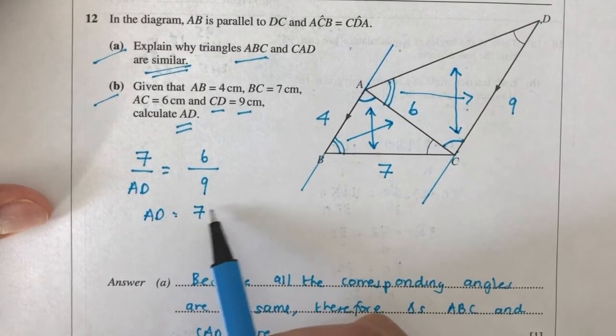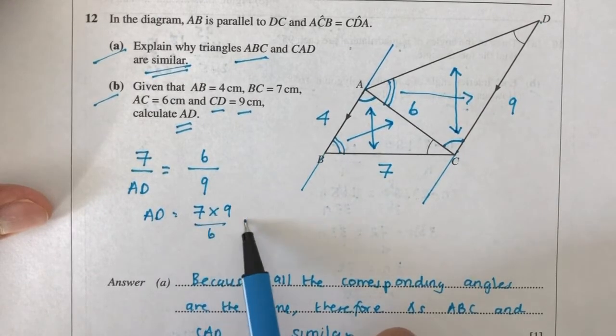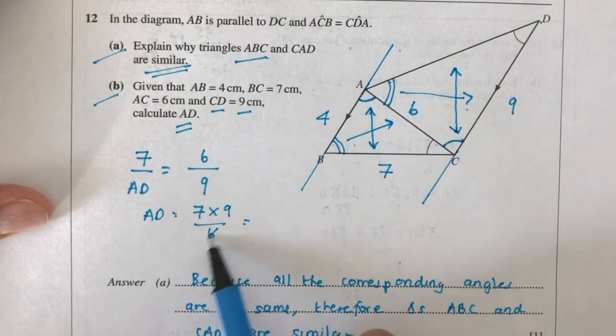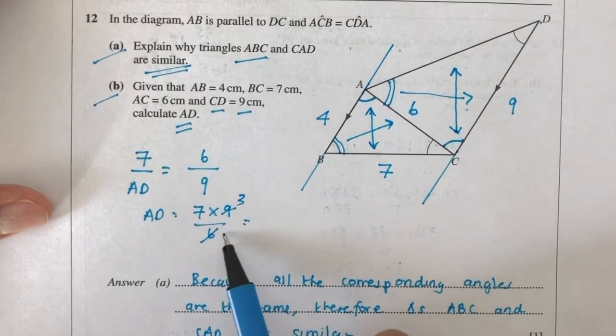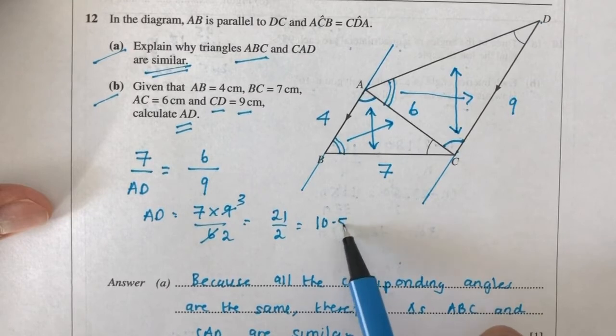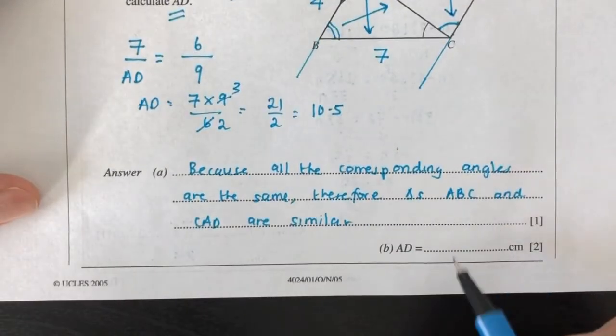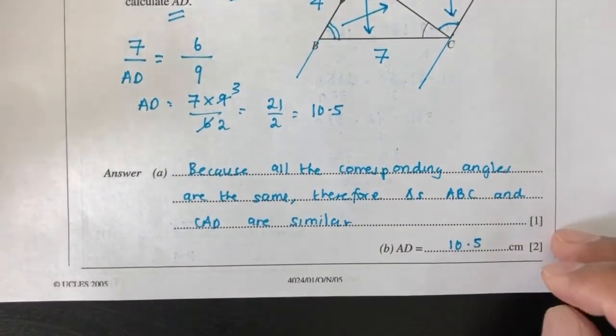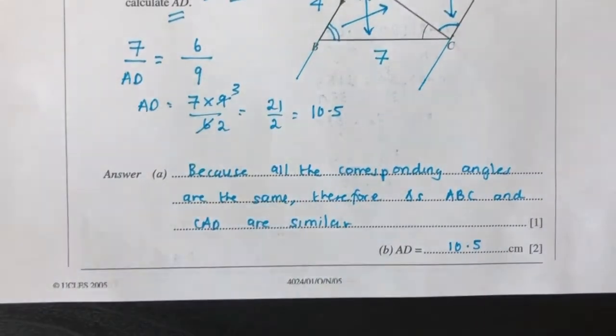That becomes 7 times 9 divided by 6. That will be divided by 3. That will be 3, 2. That will be 21 over 2, which is 10.5. So AD will be 10.5 centimeters. Okay, that is question number 12.